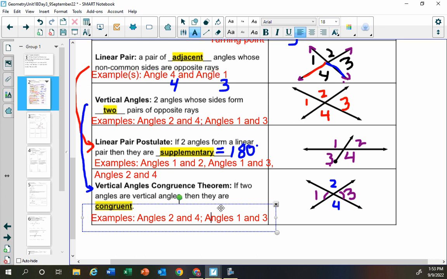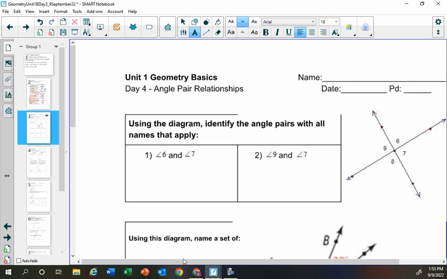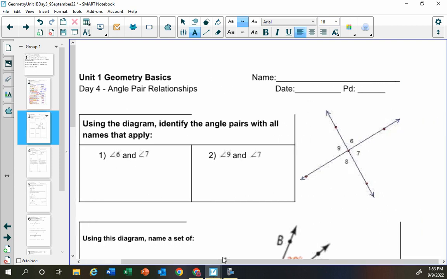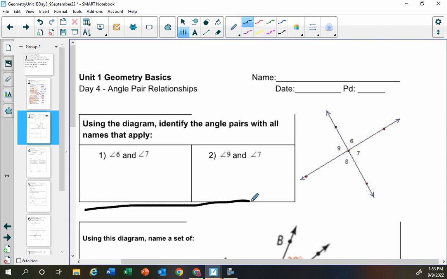All right. So here we go. We go to the next page. Ta-da. All right, so we're just going to look at this top diagram right here. Don't worry about the bottom. So just look at the top.